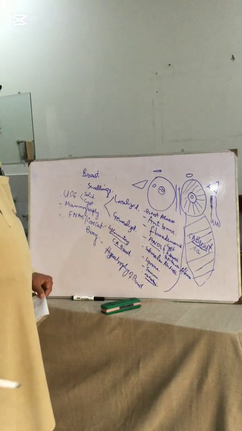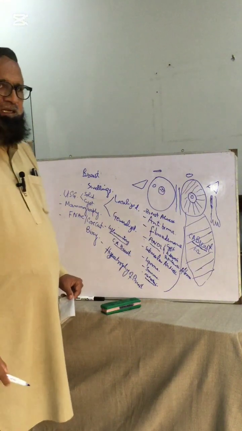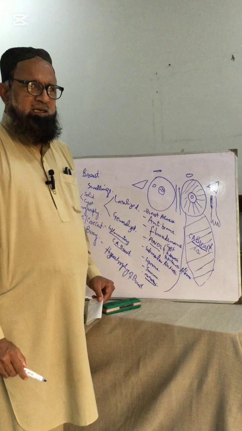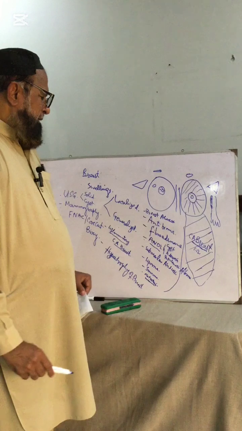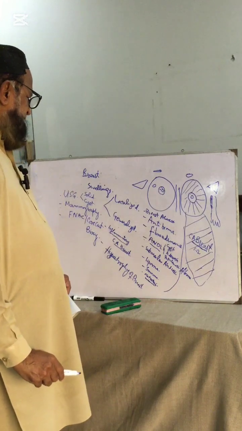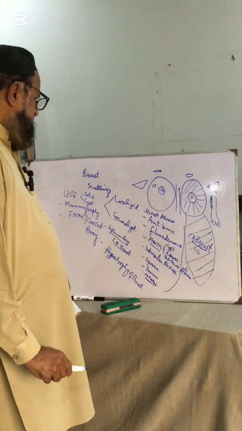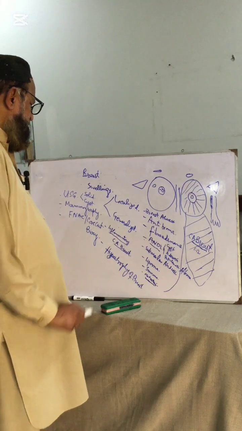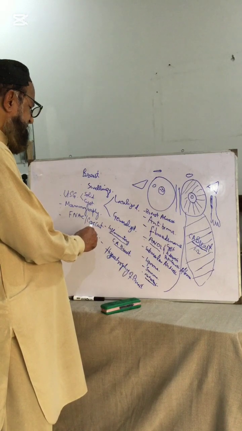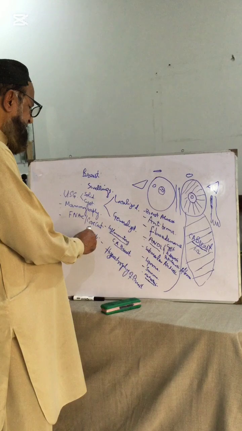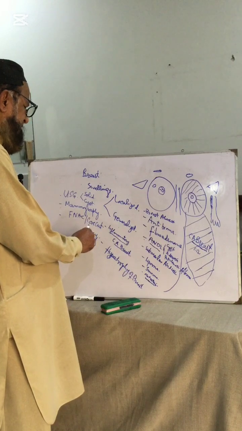FNAC, fine needle aspiration cytology, tells about the cells in the tumor, while the core cut biopsy tells us about the tissue. The tissue biopsy tells of the ducts as well as the cells as well as the connective tissue, another component of the breast. So it is a more definitive diagnosis.